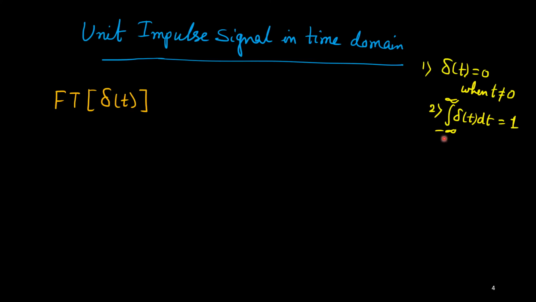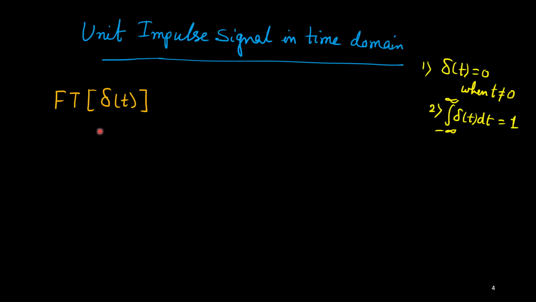So area under the signal is 1. At t equal to 0 its amplitude is very high, and other than t equal to 0 its amplitude is 0, but total area under the signal is always 1.